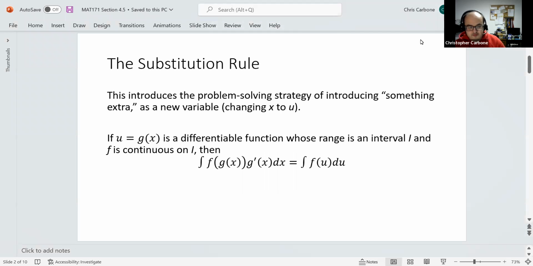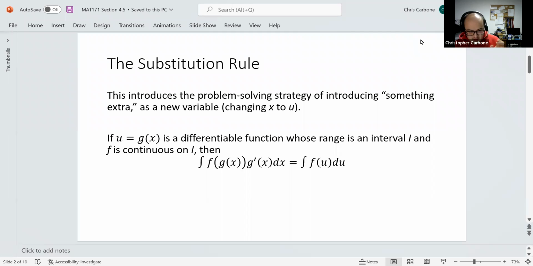So the substitution rule introduces a problem-solving strategy of introducing something extra, meaning a new variable, which will change the value of x to a different variable called u.